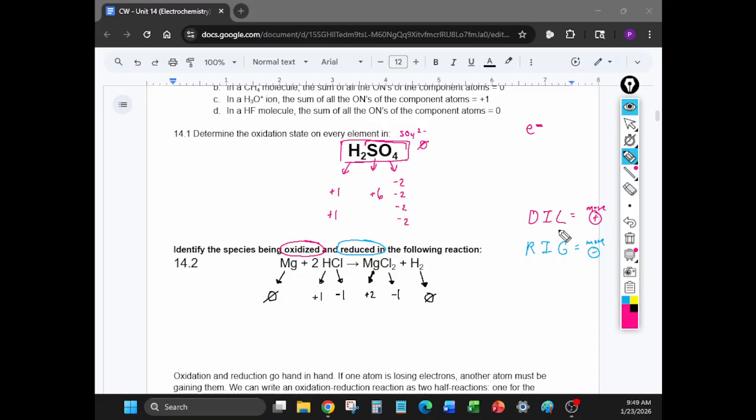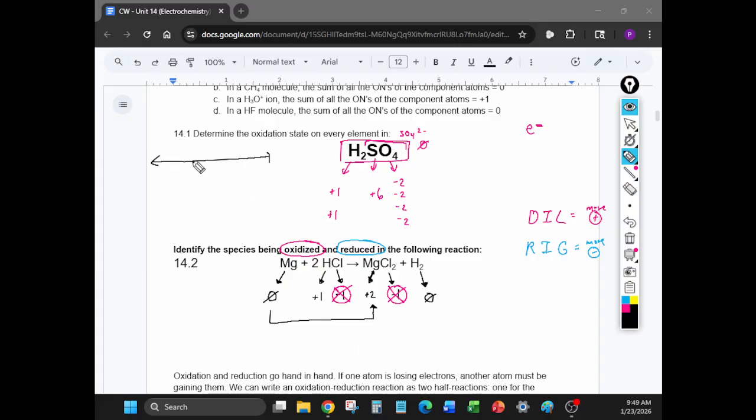All right, so what we're going to do now is figure out how each element's oxidation number changed. So if we take a look at this equation, we can see that chlorine did not change, right? Chlorine was -1, and it stayed -1, so this was neither oxidized nor reduced. It just stayed the same. If we take a look at magnesium, though, magnesium went from 0 to +2. So we want to figure out on a number line, did the number go up or did it go down?